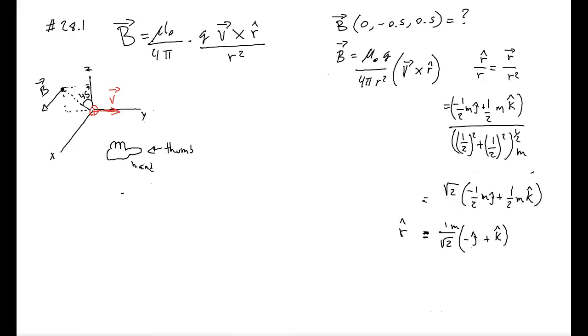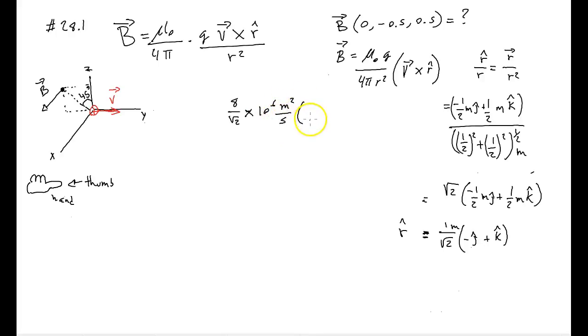So we'll just write it like this: 8 over the square root of 2 times 10 to the 6th. And those units, meters per second times these units, meters, are going to give you meters squared per second. And then all that's left to take the cross product of is j hat crossed with negative j hat plus k hat.